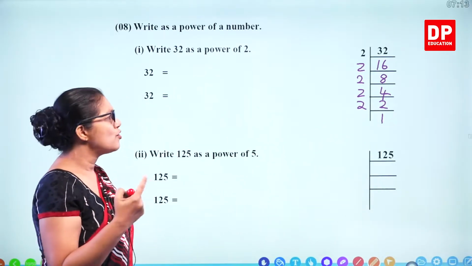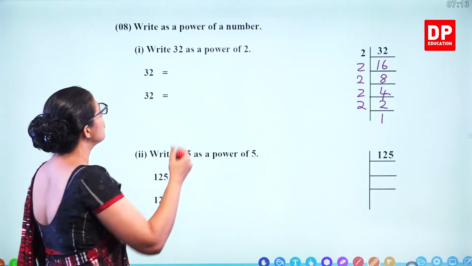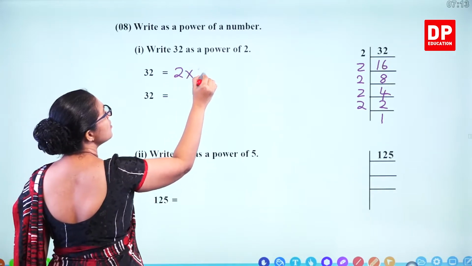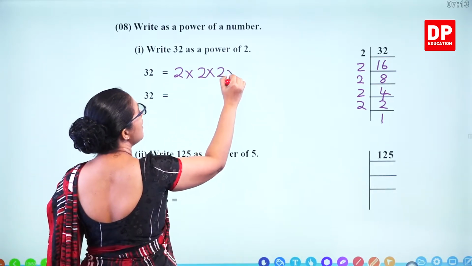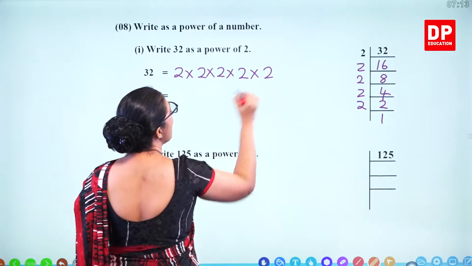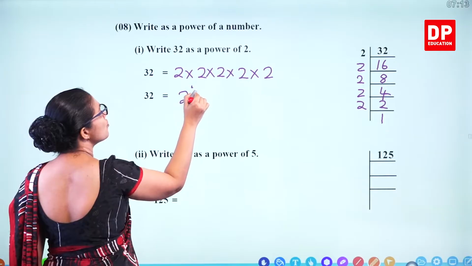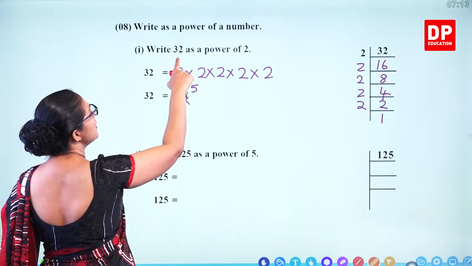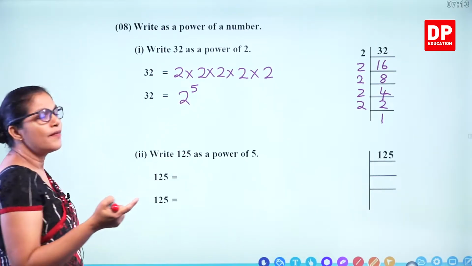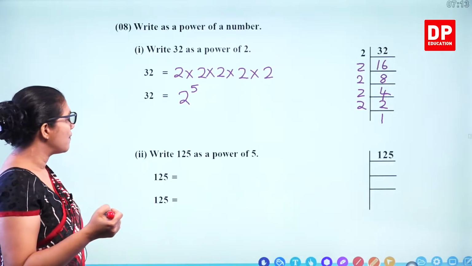Till you get 1, you divide. So how many 2's are there? 1, 2, 3, 4, 5. 5 2's are there. So you can write this as 2 to the power of 5. So 32 as a power of 2 is 2 to the power of 5.